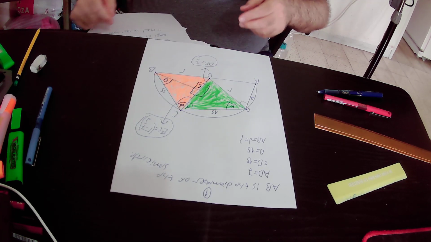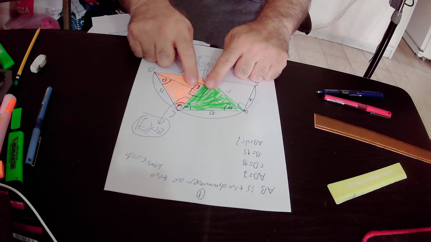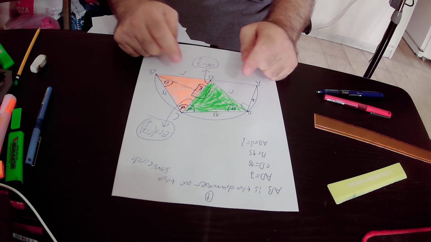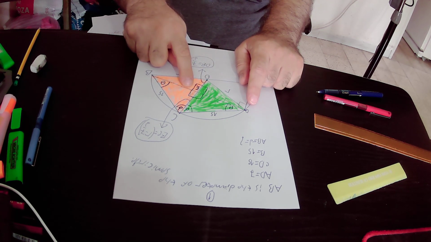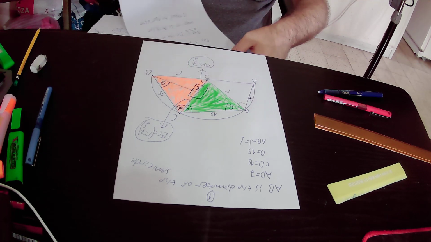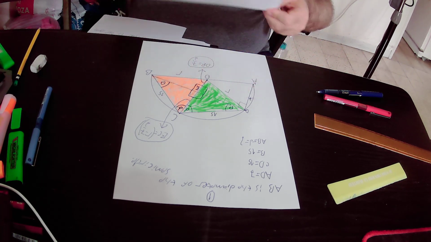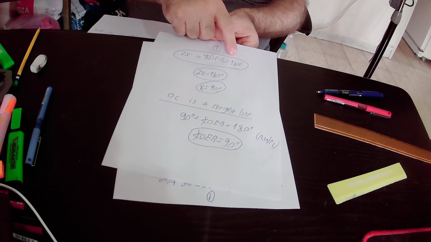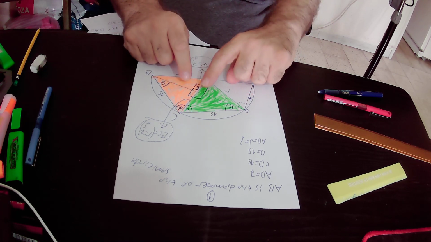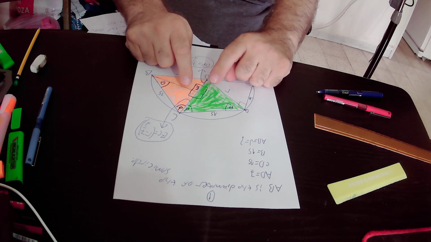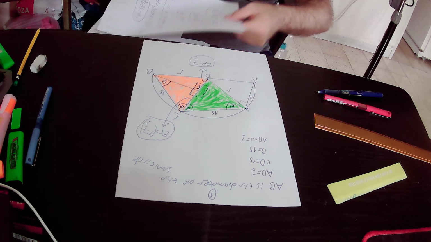So angle DEB must be equal to 180 degrees according to rule number 3 from one side, but angle DEB will also be equal to this angle plus this angle, that is x plus x, that is 2x. So angle DEB must also be equal to 2x.